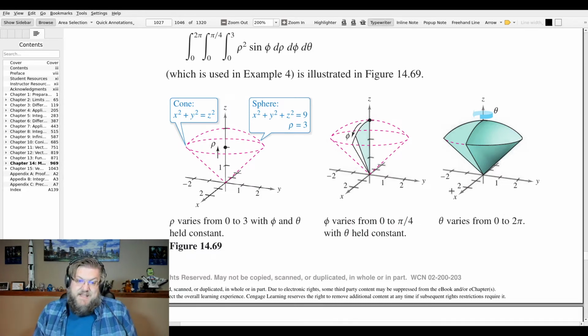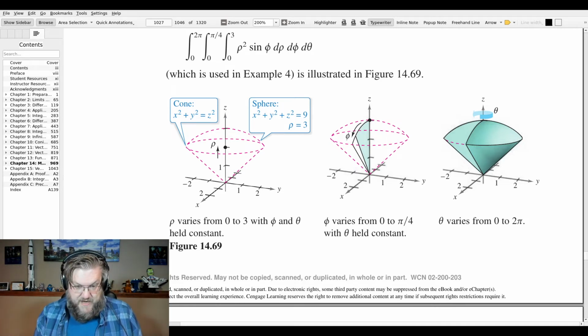Do you see that? That is yet another way to traverse this entire solid. How do I get to every point in the solid? You can always think of it as going out a certain distance from the center, then rotating down a certain phi, and then rotating that around, and you can get to any point inside the solid that you want. That's the visualization of spherical coordinates, how I can fill in that shape.